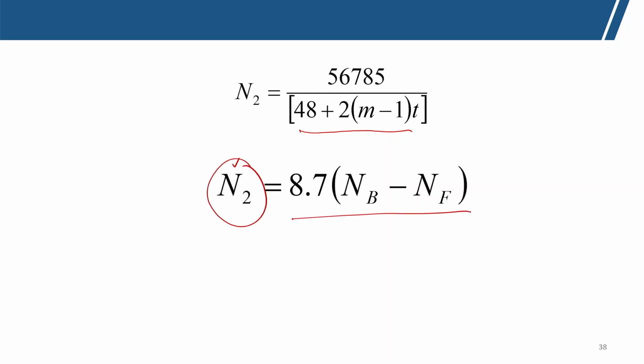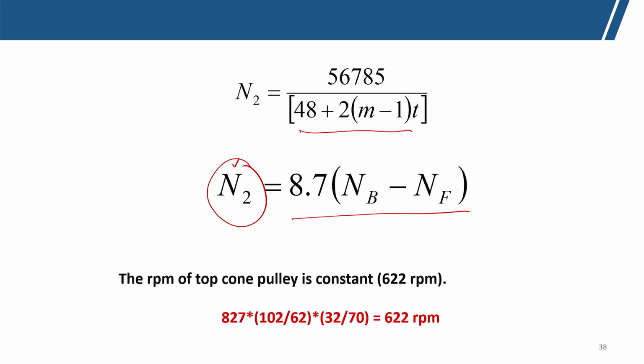So, N2 is 8.7 by Nb minus Nf, because the RPM of the top cone pulley is constant.